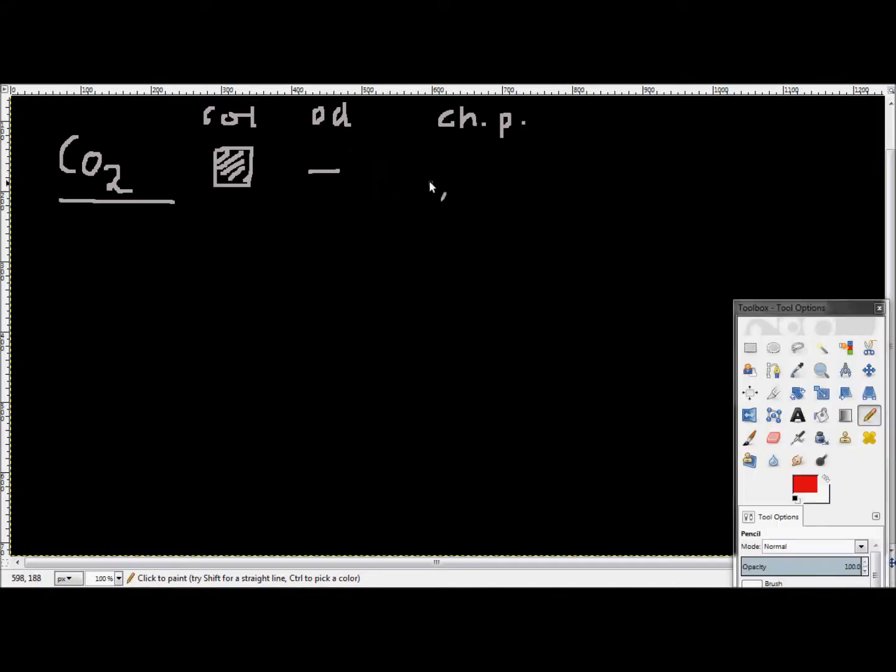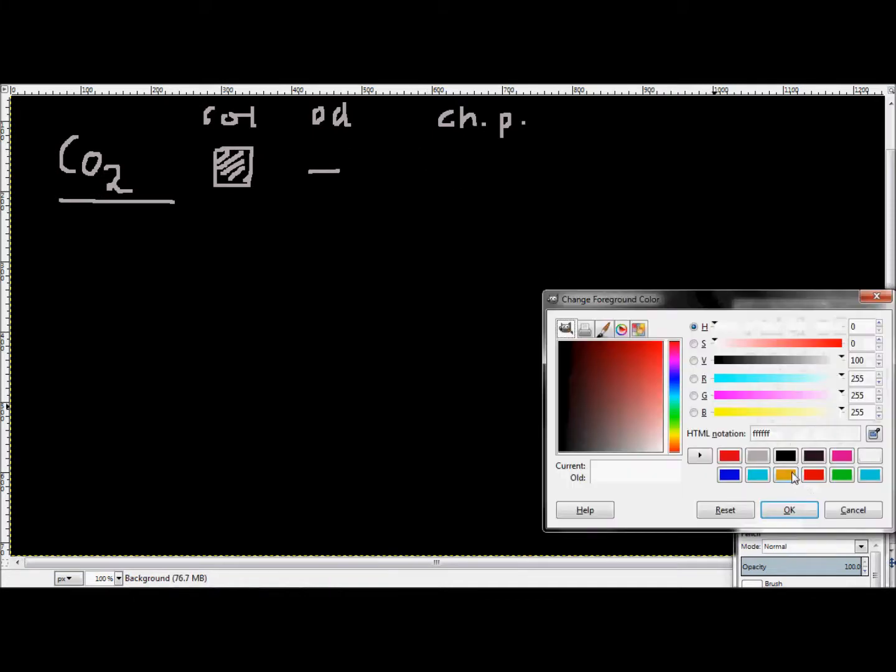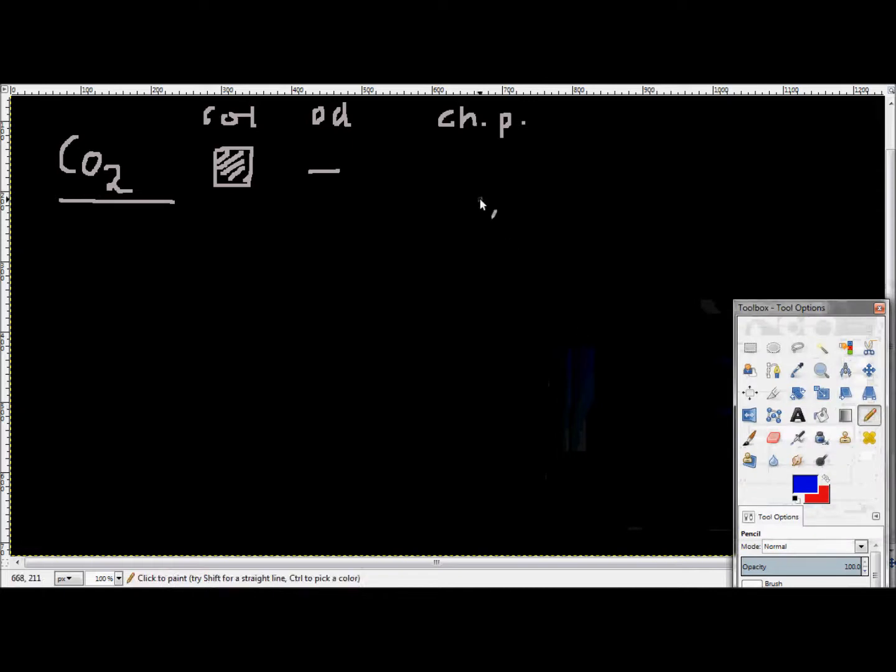So if you remember well from the last tutorial, acidic gases will turn blue litmus. Say we had blue litmus here, and they will change it into a red color. So here we have red, and this shows that it's acidic. Now another major property is that it turns lime water milky.